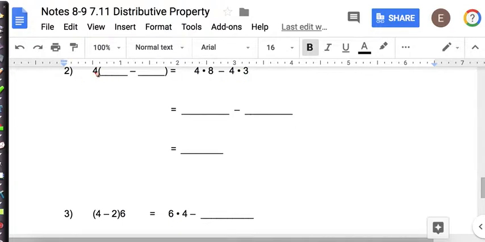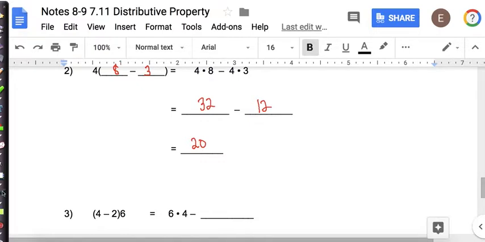So we know 4 is outside the parentheses. What does that leave inside the parentheses? 8 minus 3. Okay, now let's finish this. 4 times 8 is 32. Minus 4 times 3 is 12. And 32 minus 12 is 20.